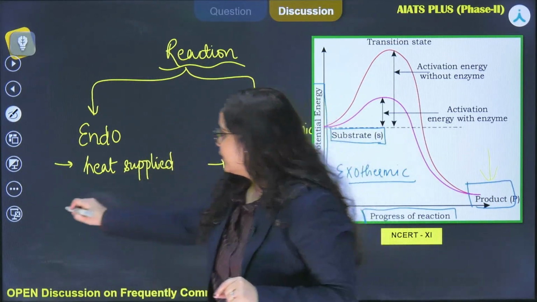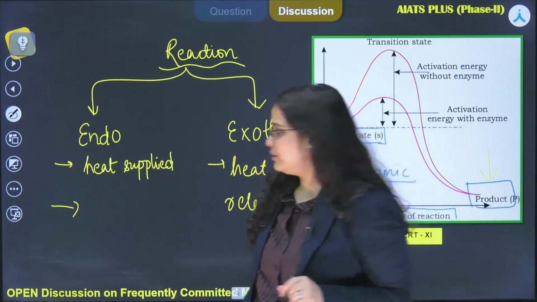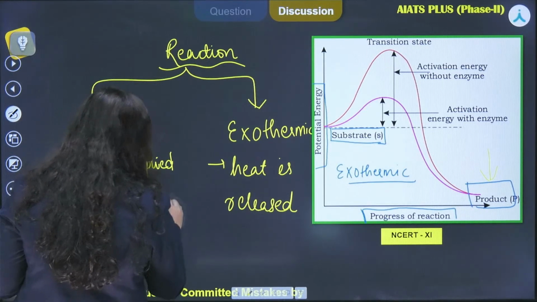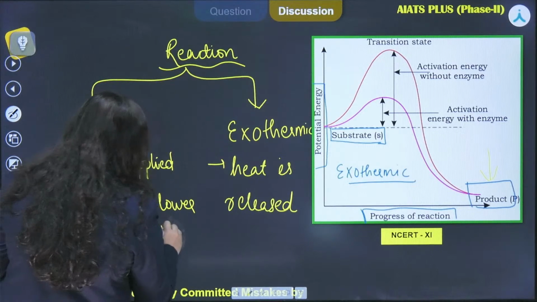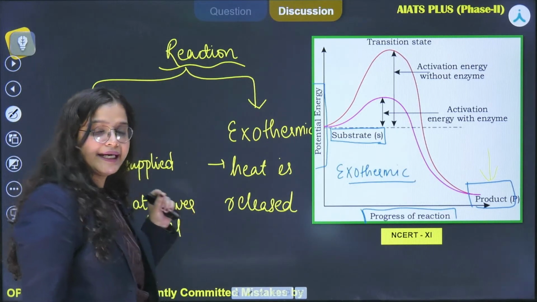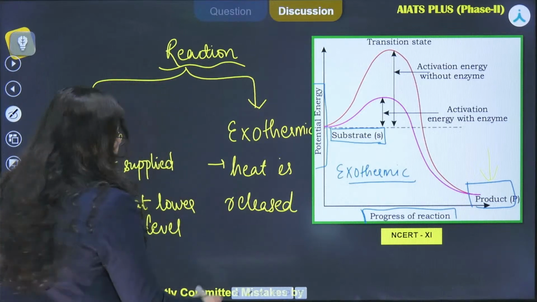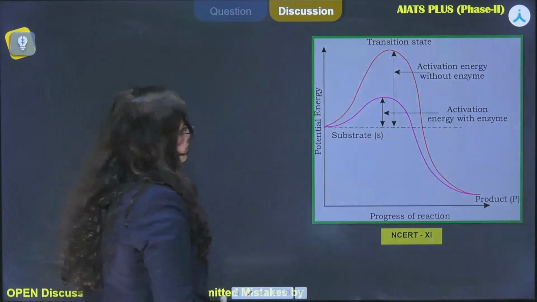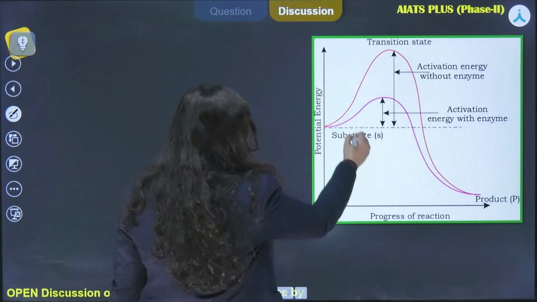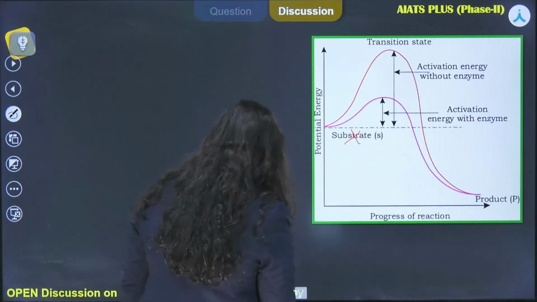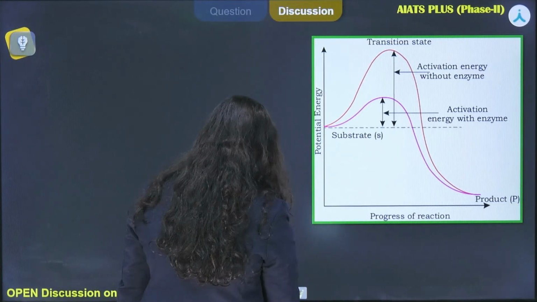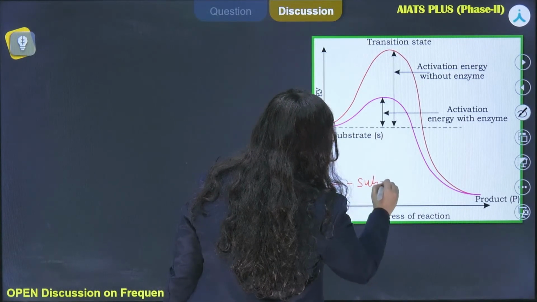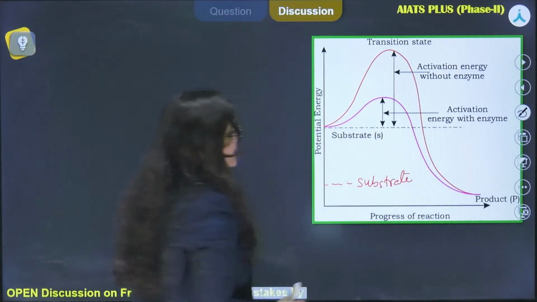Alright. So here in an endothermic reaction, the substrate will be at a lower level in comparison to the product in terms of potential energy. Had it been the diagram of an endothermic reaction, then my substrate would have been at a lower level.